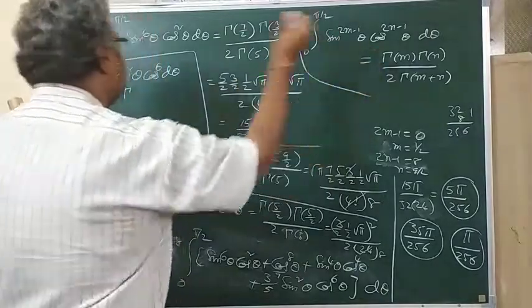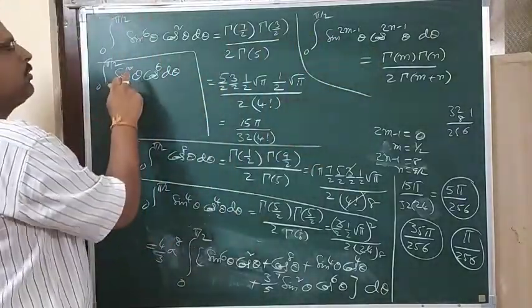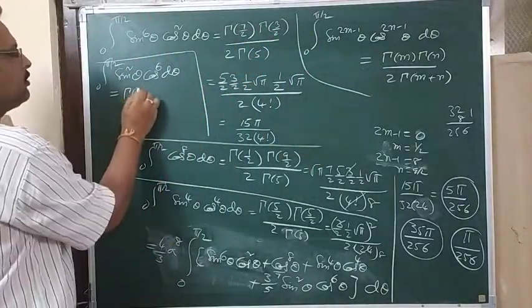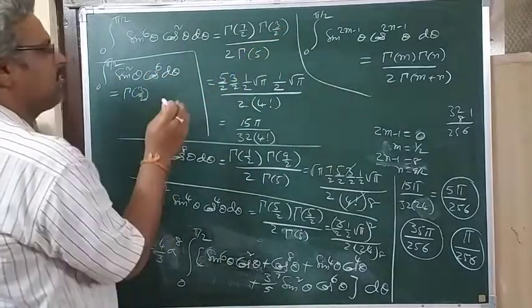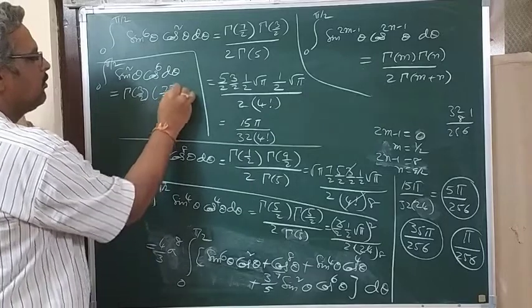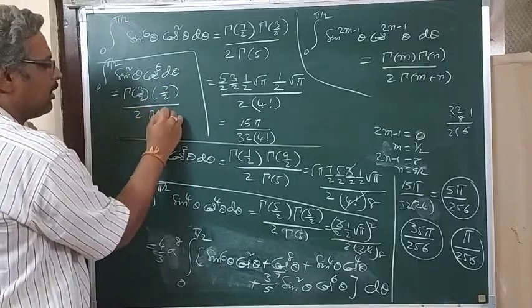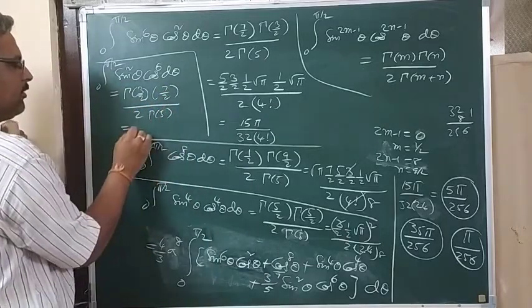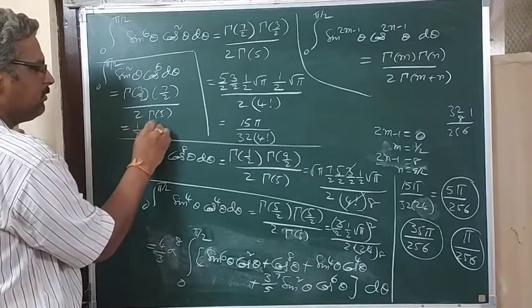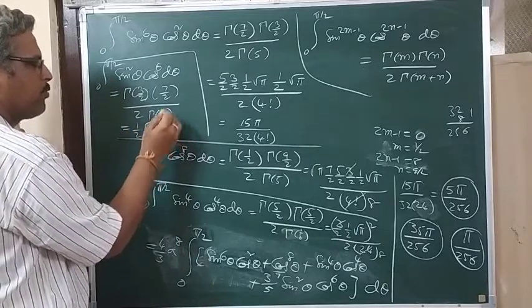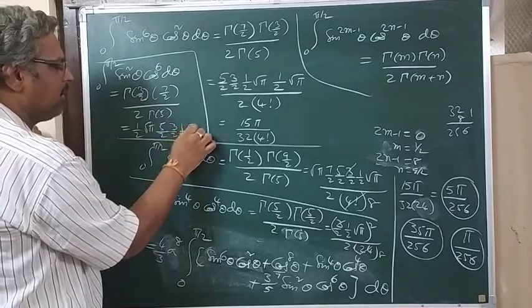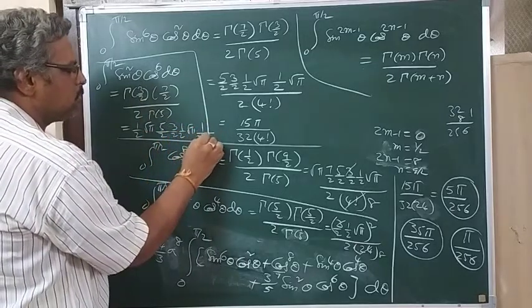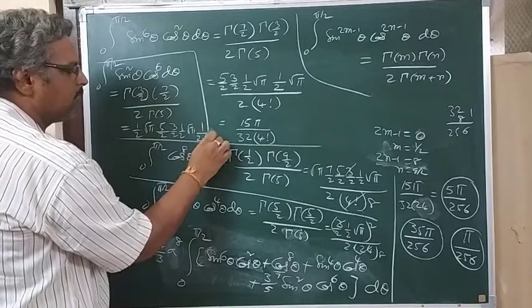Again we are comparing with the same formula. 2m minus 1 is 2, m equals 3 by 2. 2n minus 1 is 6, n equals 7 by 2. Gamma 7 by 2 by 2 into gamma 5, gamma 3 by 2 is nothing but 1 by 2 root pi into 5 by 2 into 3 by 2 into 1 by 2 into root pi divided by 2 into 4 factorial.